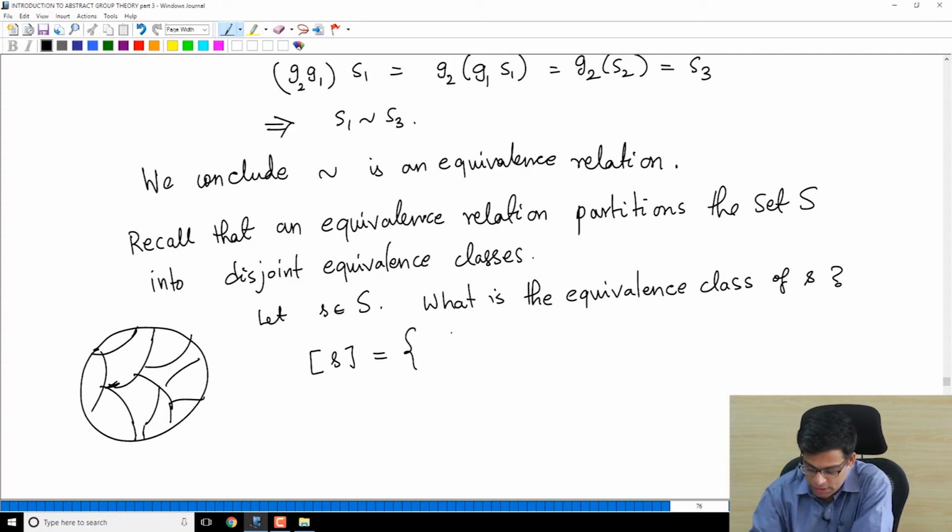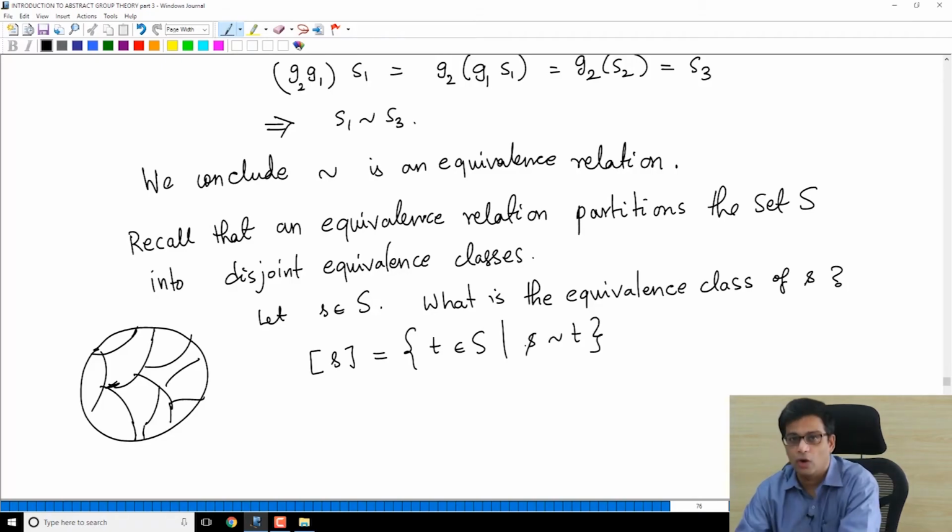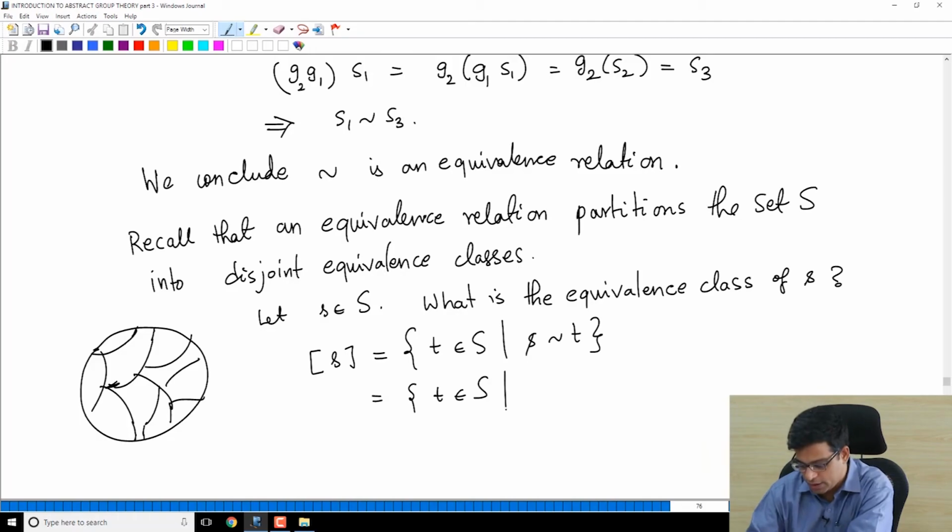By definition, what is this? These are all t in S such that s is related to t. All elements of the set such that s is related to t. But now I am working with a specific equivalence relation. So these are all t in S such that t is gs for some g in G.